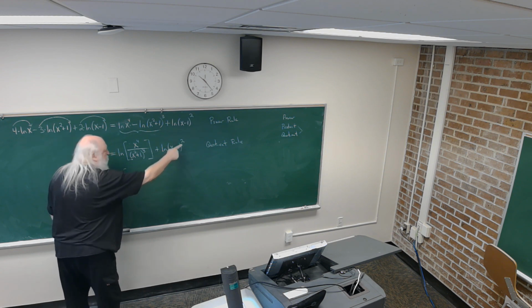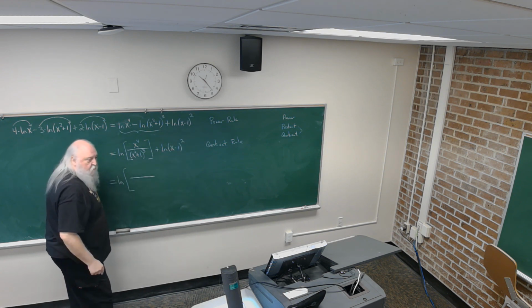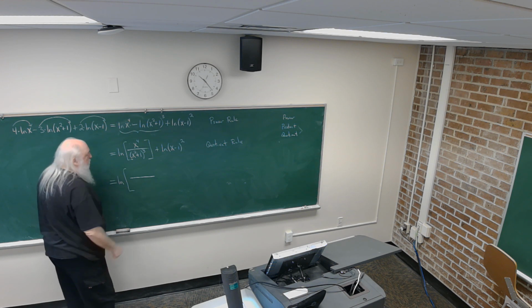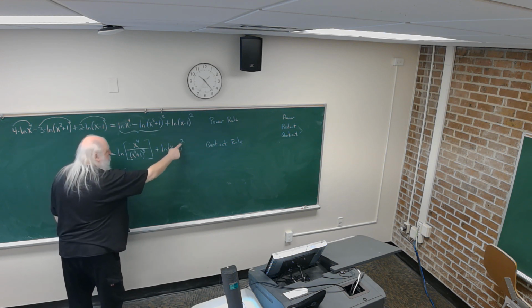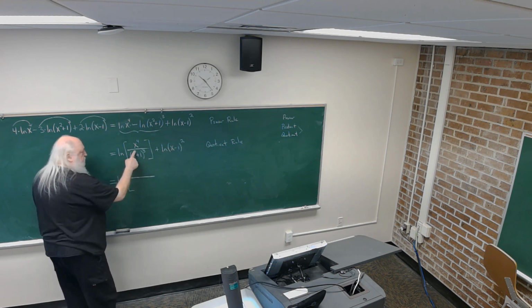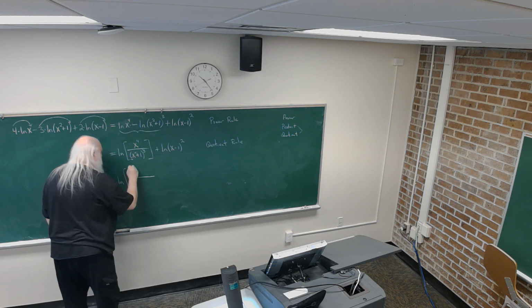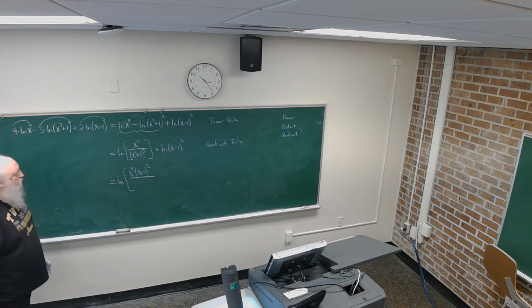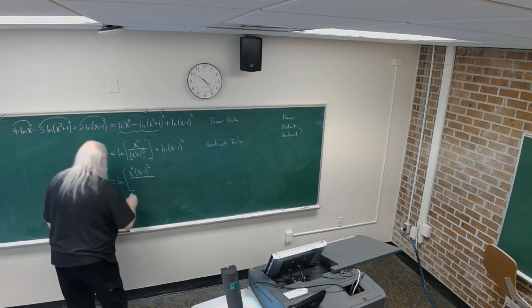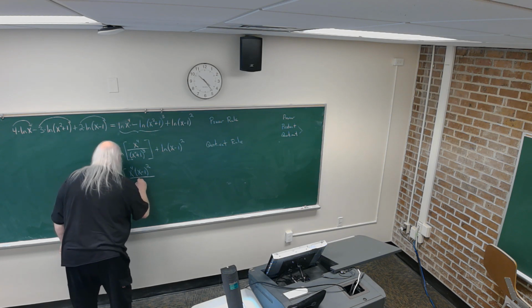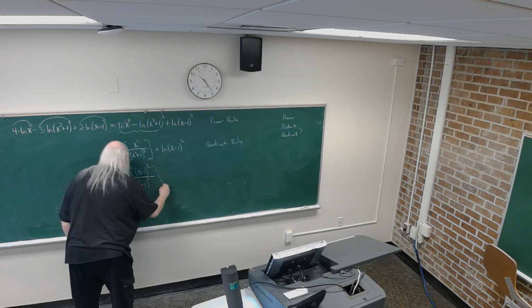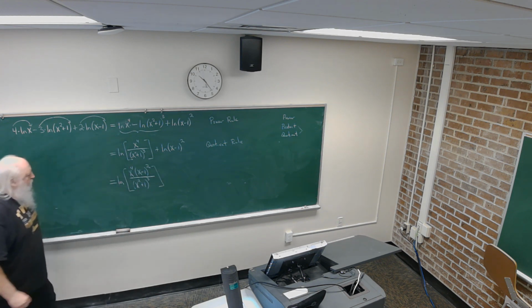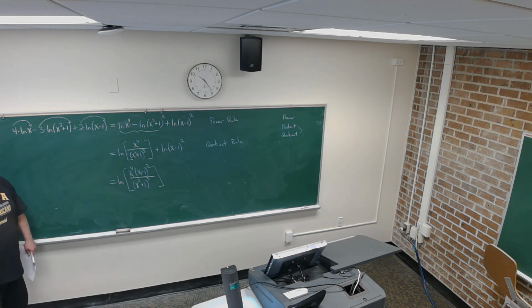And remember, x minus 1 squared is like x minus 1 squared over 1. So when you multiply x minus 1 squared over 1 times this quotient, you get x to the fourth times x minus 1 squared in the numerator. And in the denominator, you have x squared plus 1 cubed. That's the final answer.